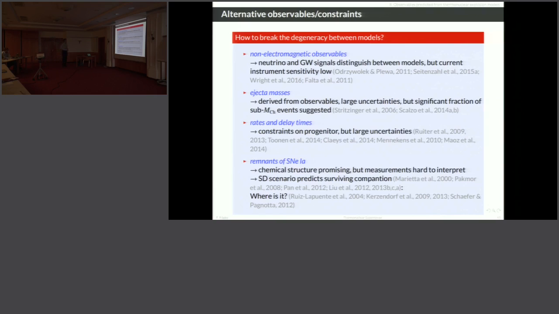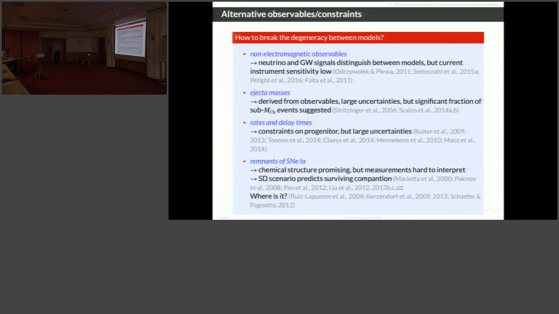Another possibility would be to look into the remnants closely and see whether you could identify a companion star that you would expect in the single degenerate scenario. The single degenerate scenario was a white dwarf accreting material from a companion star, a normal star, to grow in mass to the Chandrasekhar mass and then exploding. Then, of course, it would hit the companion star with its supernova blast wave, but the prediction is that the companion star survives this and is still there.